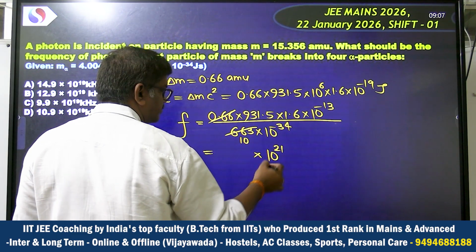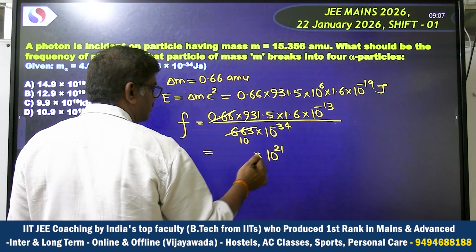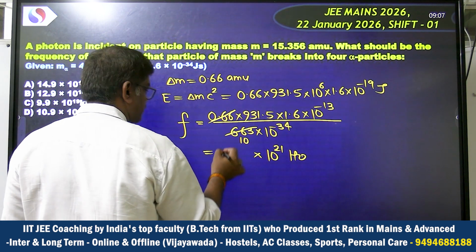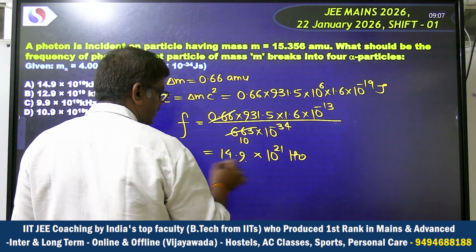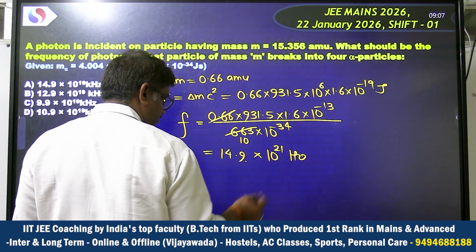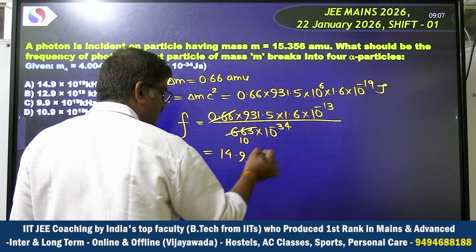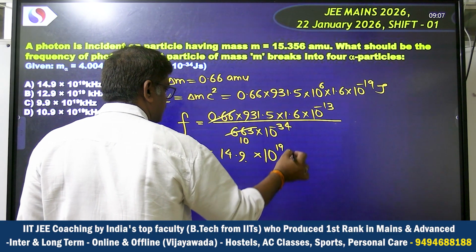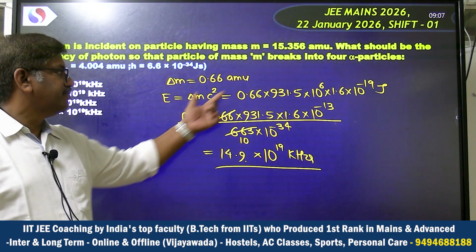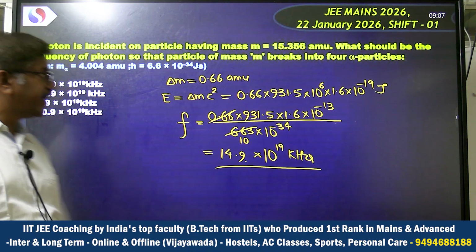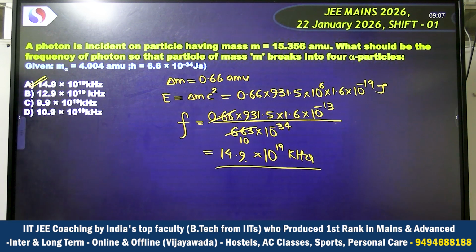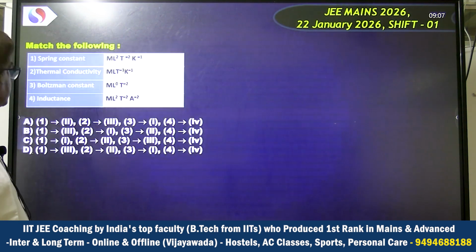When we convert into kilohertz and consider all the units properly, we get 10 to the power 20 kilohertz. That will be your answer after calculation. So first the mass defect, delta m into c square, that is your energy, divided by h will be the frequency of the photon coming out during this incident. The correct answer is A. Move to the next one.